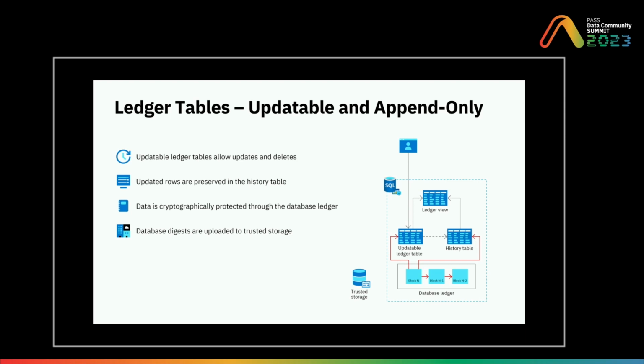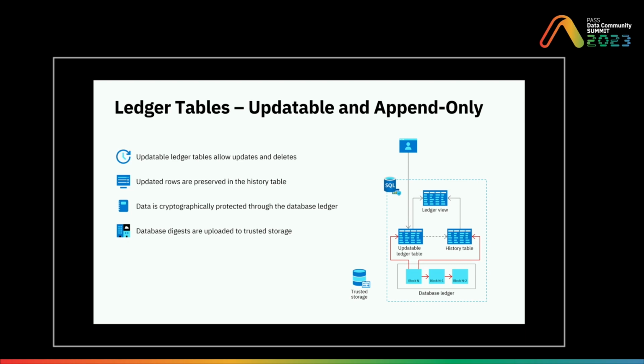And we're going to store that in trusted storage. And what do we consider as trusted storage? That is an Azure storage account with the immutability settings switched on. Or we also have another service in Azure called Azure Confidential Ledger. That's nothing to do with ledger in SQL, but that's another service where you can store these digest files. So that is something you can choose, right?